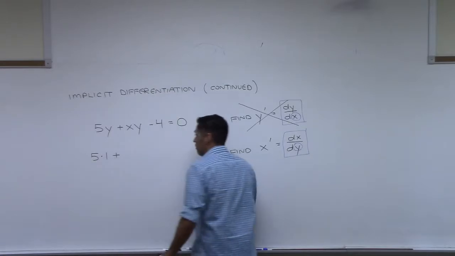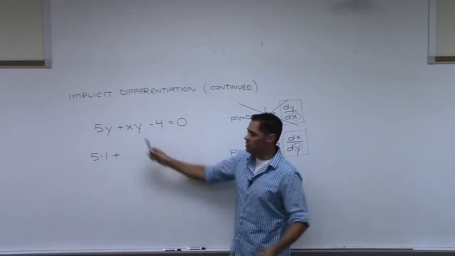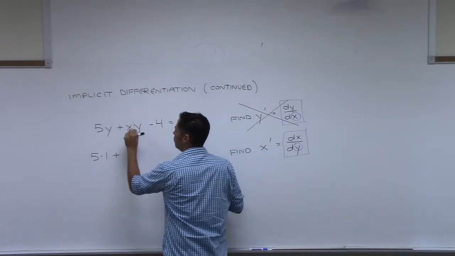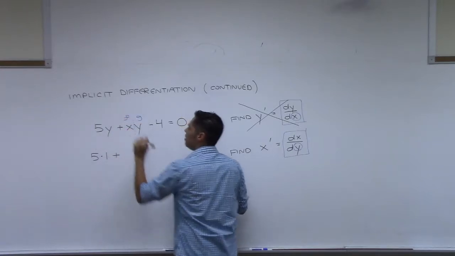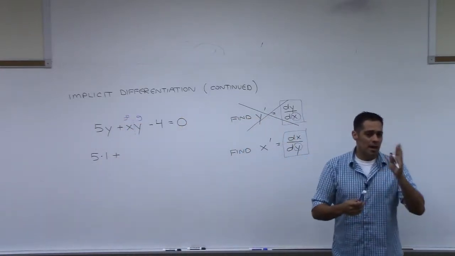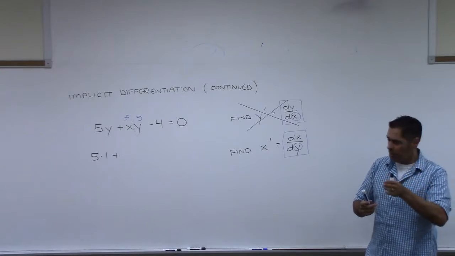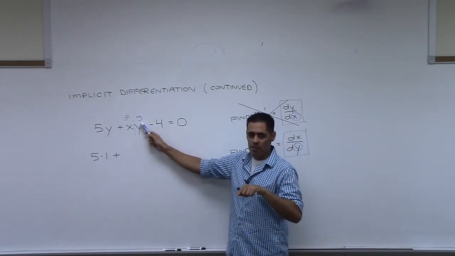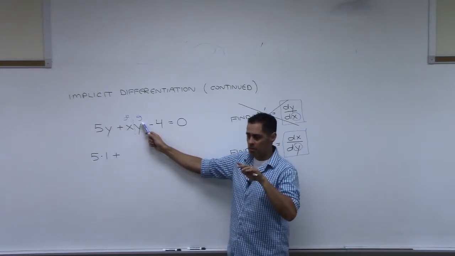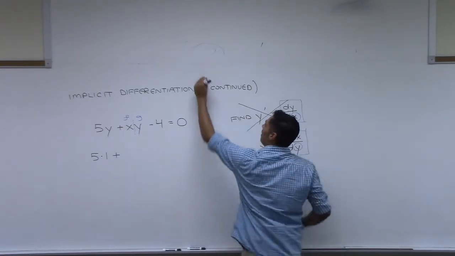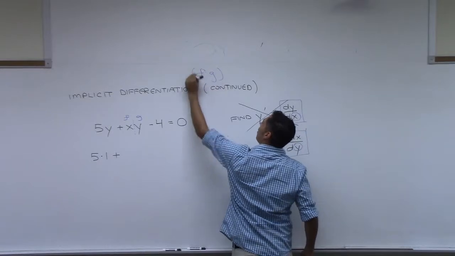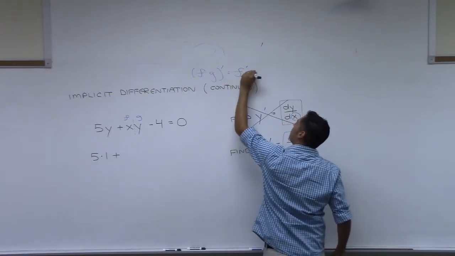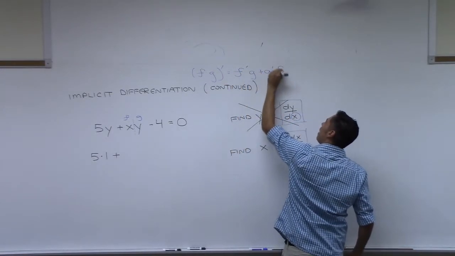Plus, now, do we still have a product here? Absolutely. So we still have to do the product rule. So there's still f here, there's still g here. So now we're going to do f prime, the derivative of the first one, times the second one, plus g prime f. That's the product rule: f prime g plus g prime f.